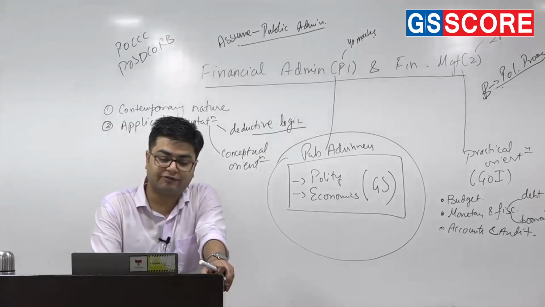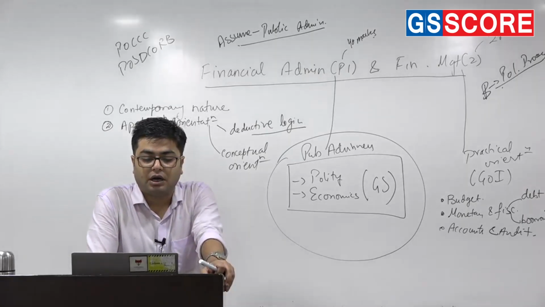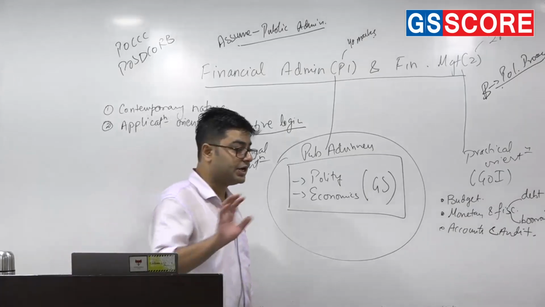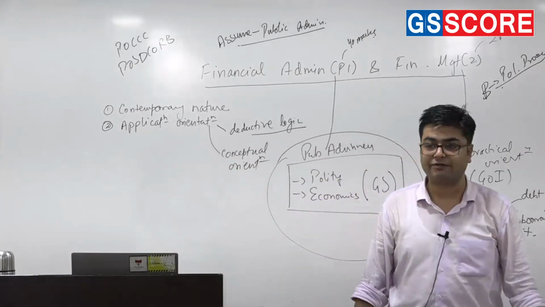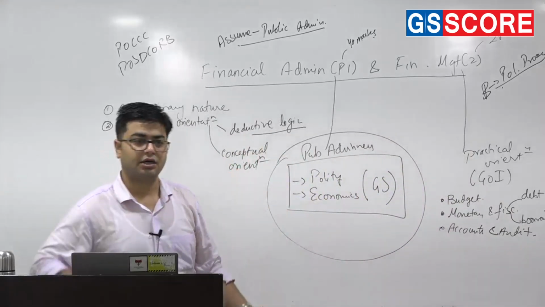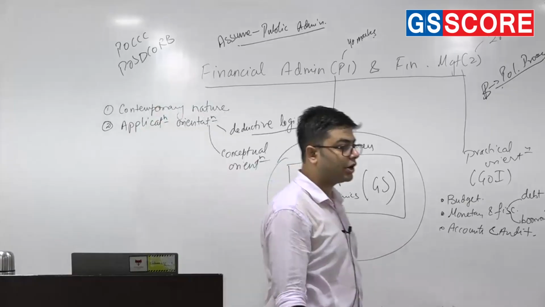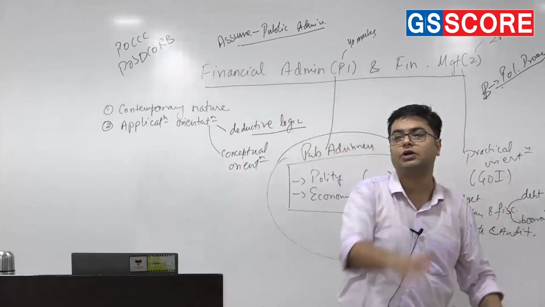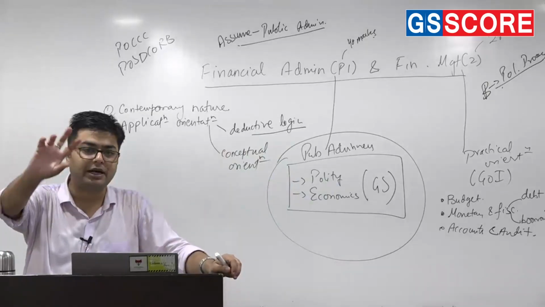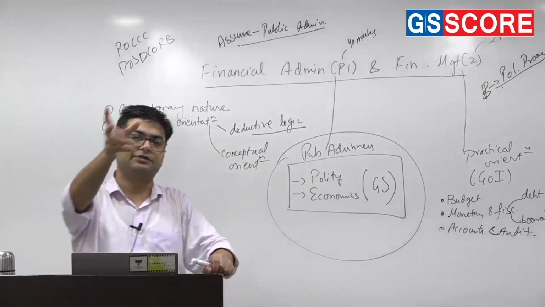Budget is an indicator of financial health of a polity which is reflected in statement of income and expenditure. Now, if you will see closely the way these questions are framed. First of all, 2016 was very heavy. Now the trend is declining because a major chunk is shifting towards paper 1, which is asking both contemporary and the theoretical aspects in fusion.